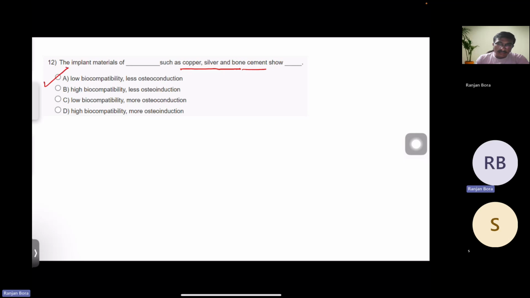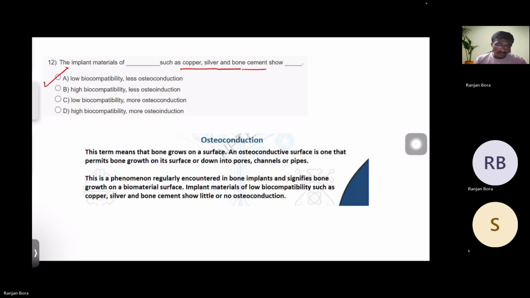So option A is correct. Because their biocompatibility is low, that's why they show very little or no osteoconduction.